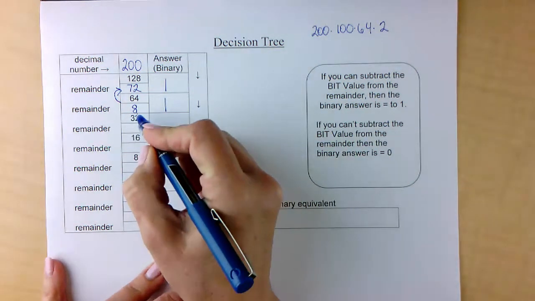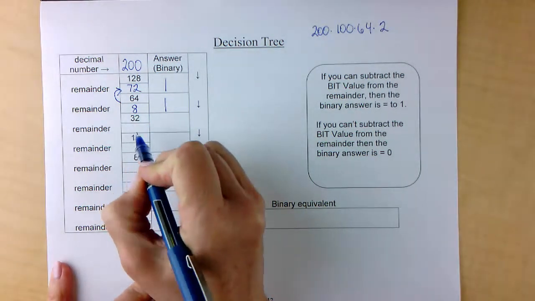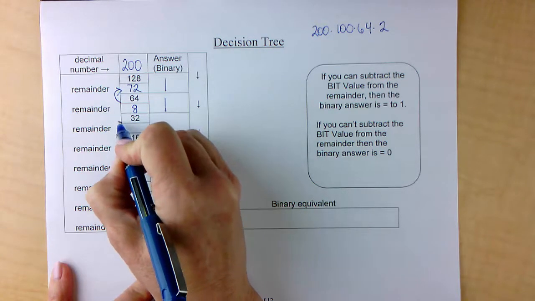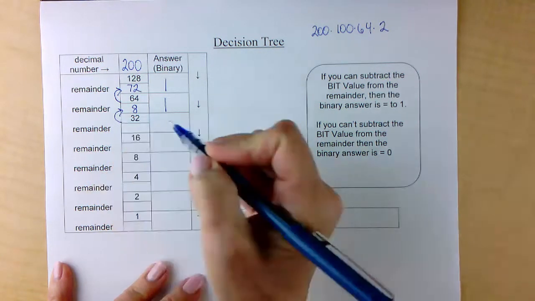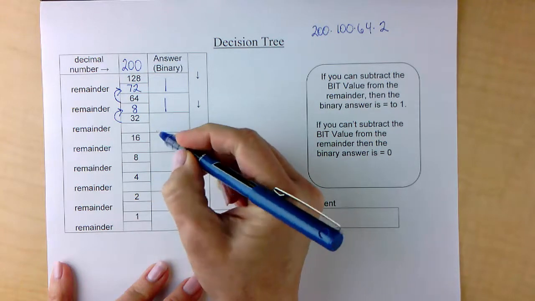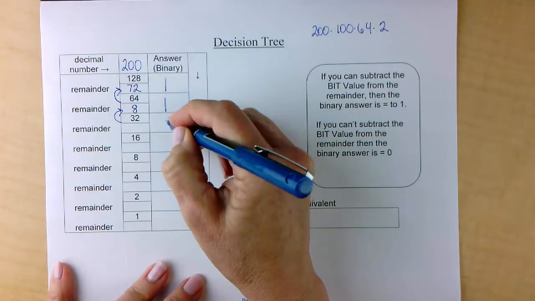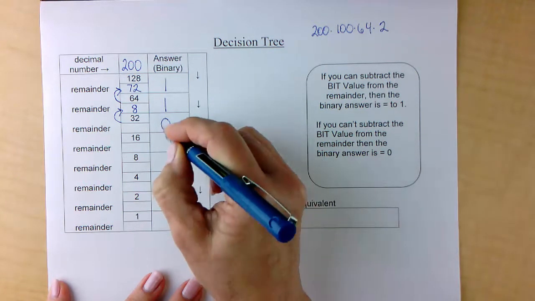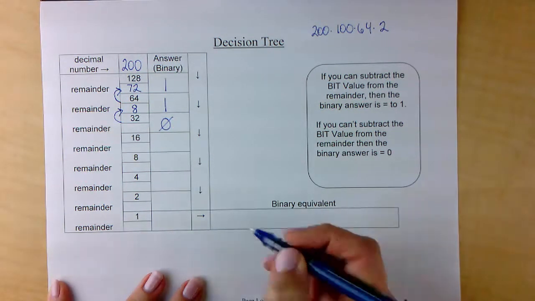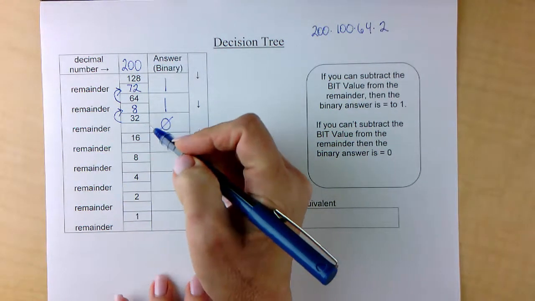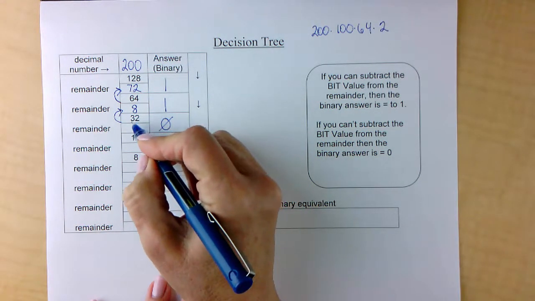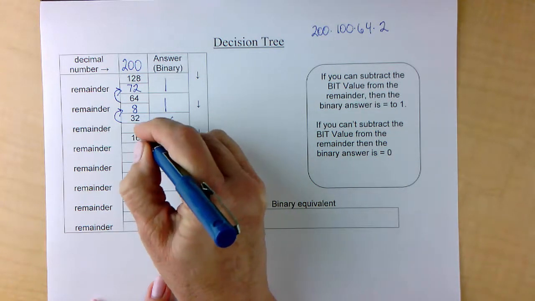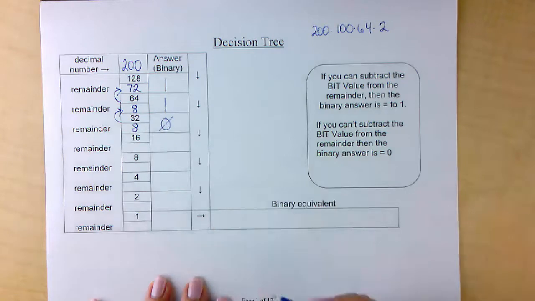The next thing I do is I ask myself, can 32 be subtracted from 8? The answer is no. So that means that my binary is off right here. What do I do when the binary is off and I can't subtract the 32 from the 8? Then I just need to bring the 8 down.